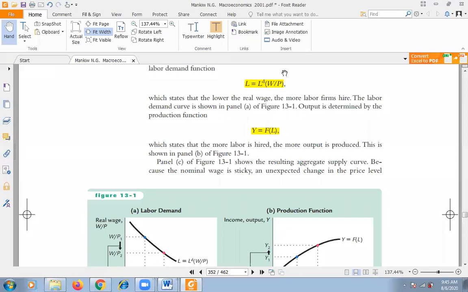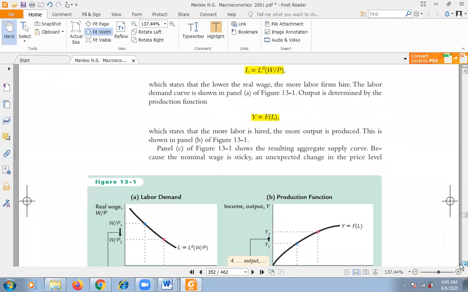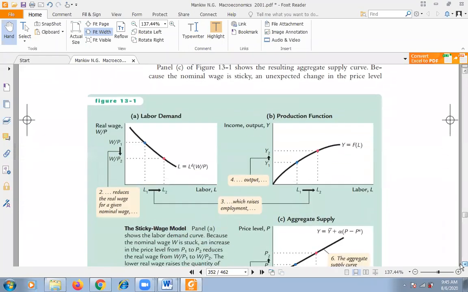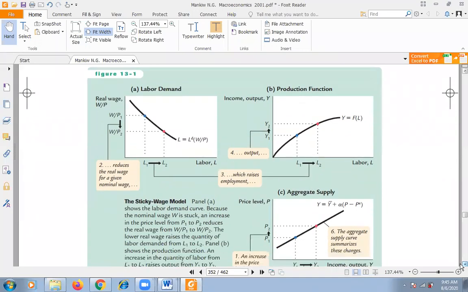So as real wage decreases due to the increasing actual price level, labor demand will go up. As labor demand increases, output level also increases. Let's see the curve. This is very important in this scenario.